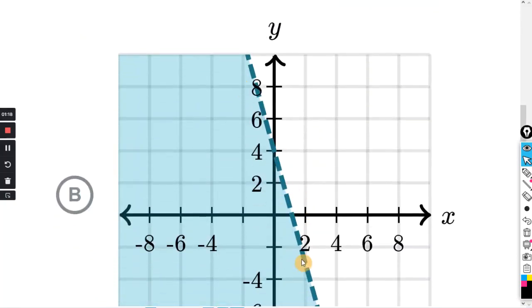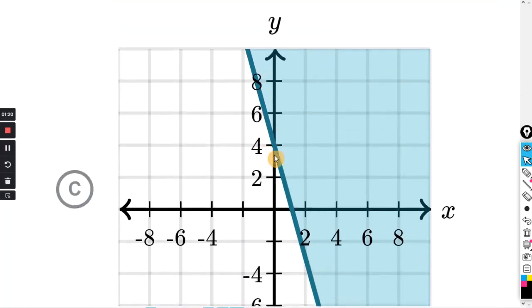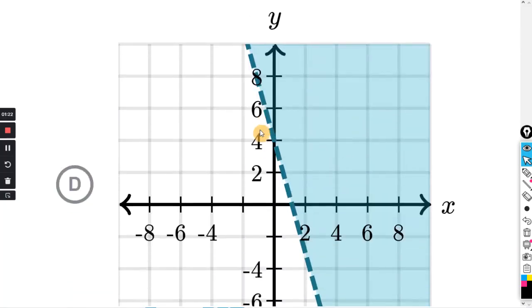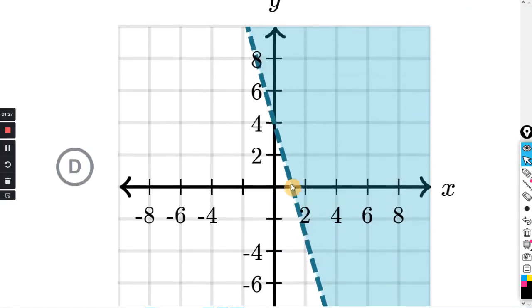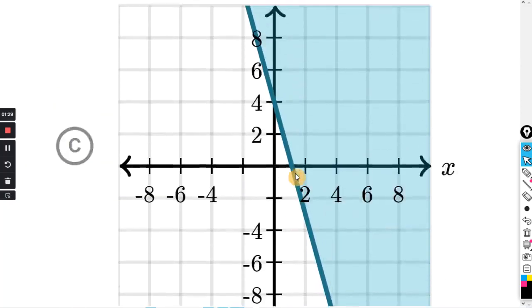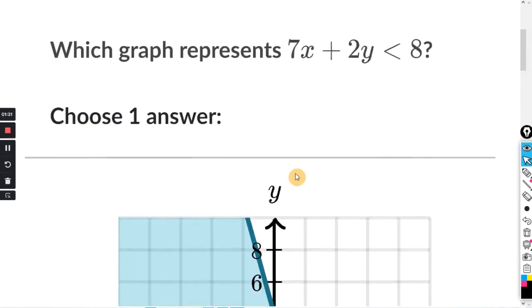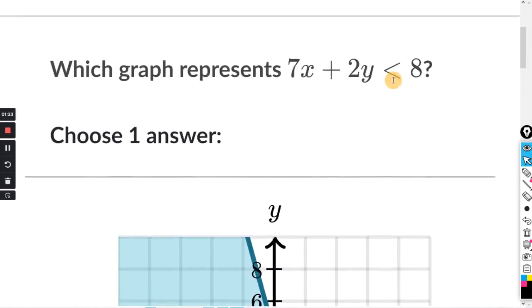Same here, and same here. So all the lines have the same slope and y-intercept, so we don't have to worry about that part. Now, this does not have the bar on the bottom, so the line is going to be dashed.